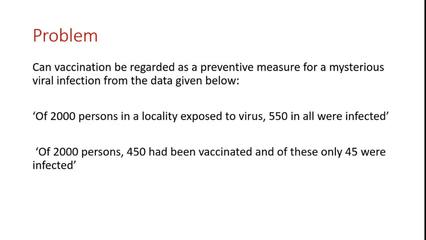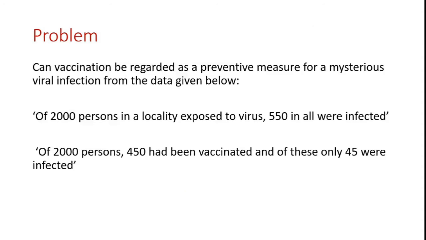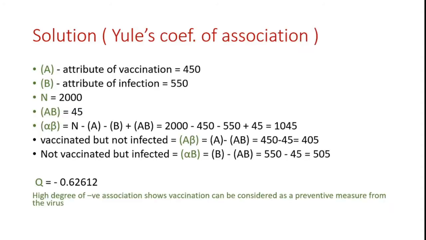So out of the number of people who were vaccinated and then got infected, it is AB, capital A, capital B, bracketed 45, and alpha beta is the people. If you see, what is alpha? If A is the frequency of vaccination, alpha is people who are not vaccinated, and if B is the frequency of infection, beta is people who are not infected.